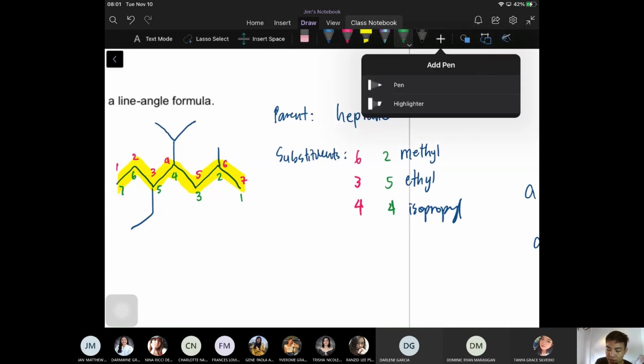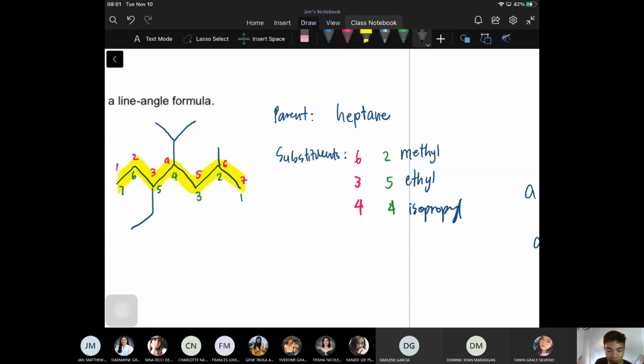Then you have to choose which is better, the pink ones or the green ones, no? So, one way to check kung sino yung better ay hanapin mo kung sino yung may lowest number. Okay? It is always the lowest number to be followed, no? Kapag alkanes. Okay, so ganun gagawin natin.